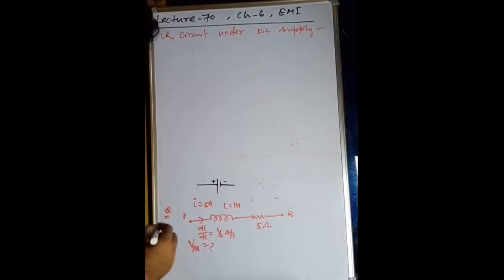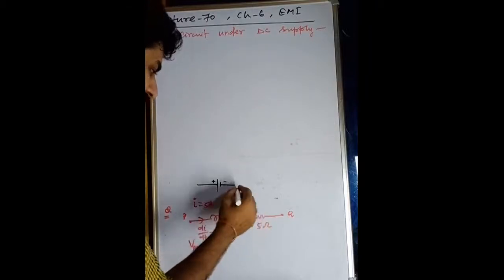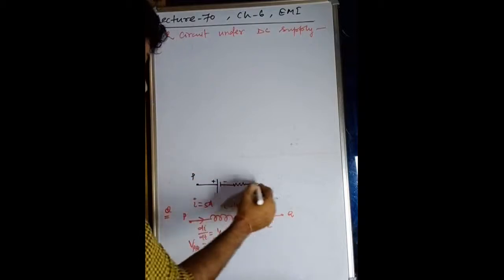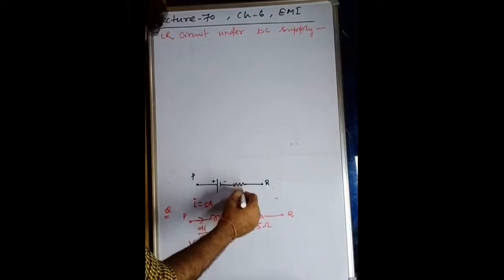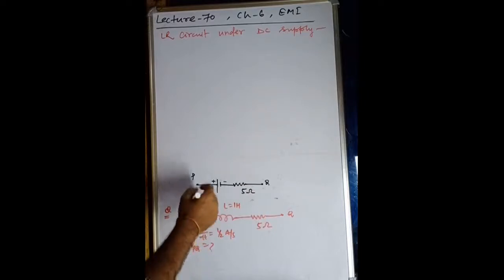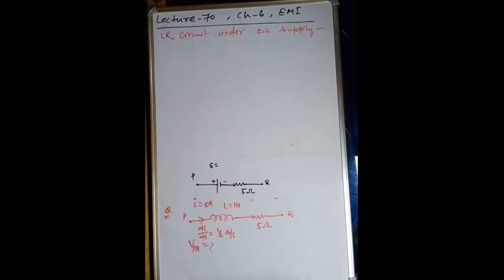Yes. Now, we have converted this into the inductor, and we already have a resistance over here. This is our point P and this is our point Q. How much current reaches this 5 ohm resistor? It is 5 ampere. Now, what will be the back EMF over here? It will be E equals L di by dt.